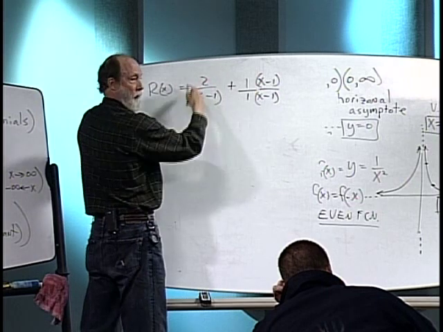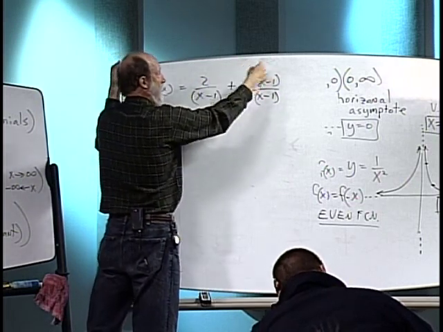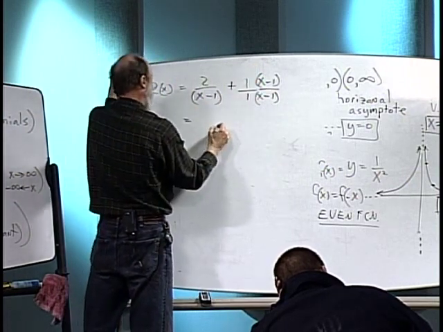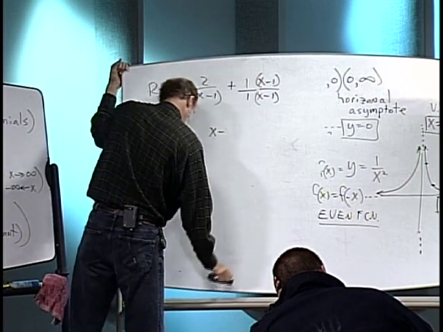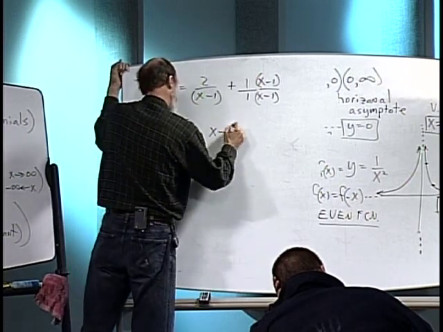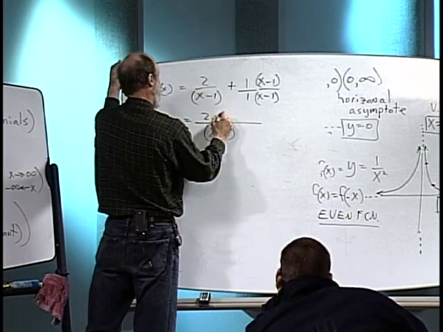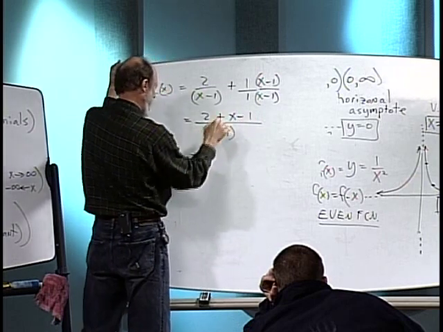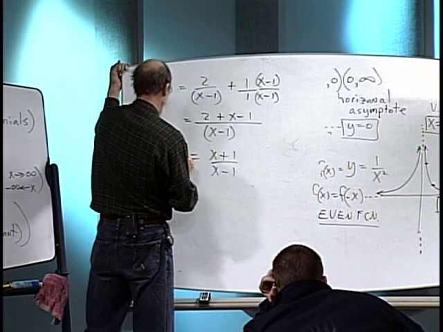It's still the original function because all I've done is multiplied this last term 1 times 1. We all know that. And so now we have a common denominator. There's our common denominator, and our numerator is a 2 plus x minus 1, which we can simplify to x plus 1 over x minus 1.